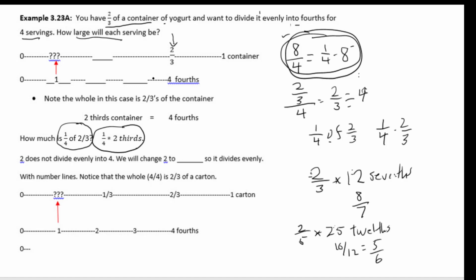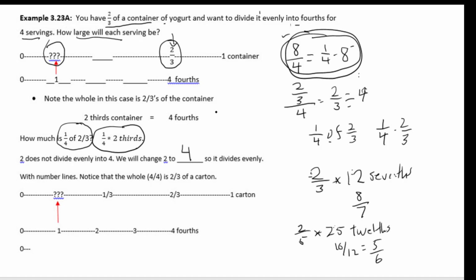Now in this problem, if I want 1/4 of 2/3, I don't know what that is. It doesn't fall evenly on this number line. So notice that 2 divided by 4 is not a very nice number. It's a decimal or a fraction, not a nice whole number, right? So I'm going to change the 2 here into a 4 so that it divides evenly.